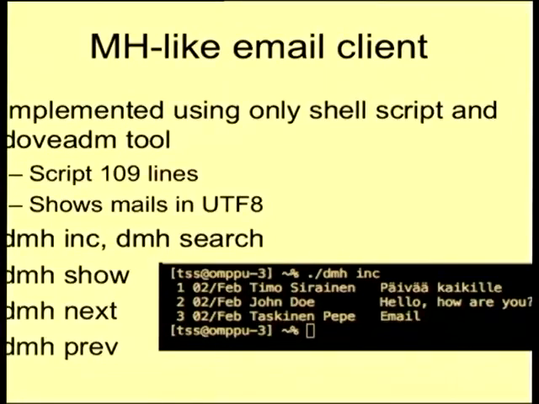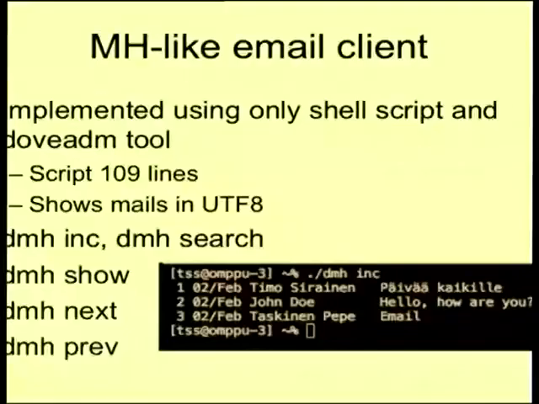I remembered this MH mail client from a long time ago, so I took some of its commands and made the script use them. The nice thing about this is that dovecot has all these different functions, so it's really simple to do stuff like converting emails from whatever character set format to UTF-8.